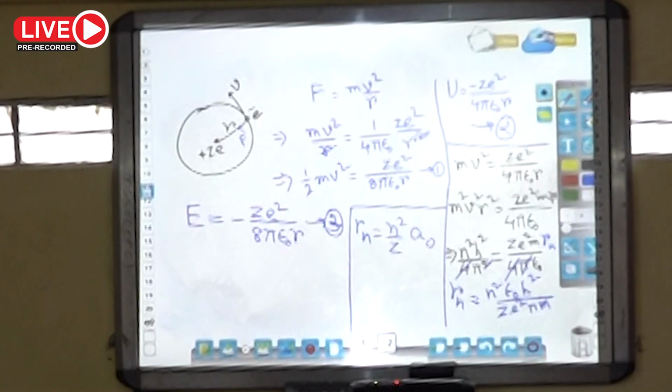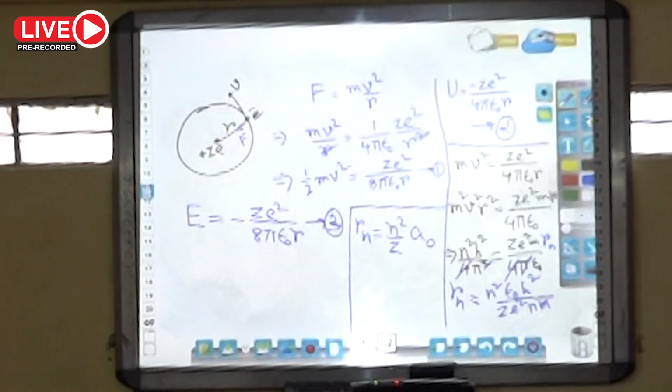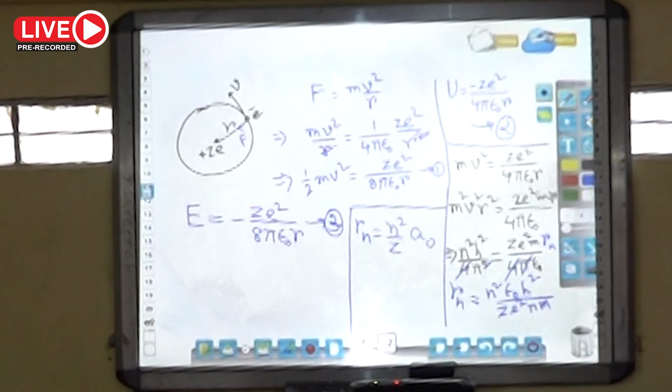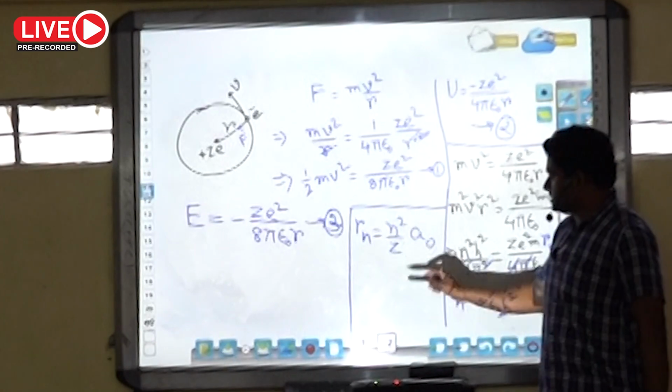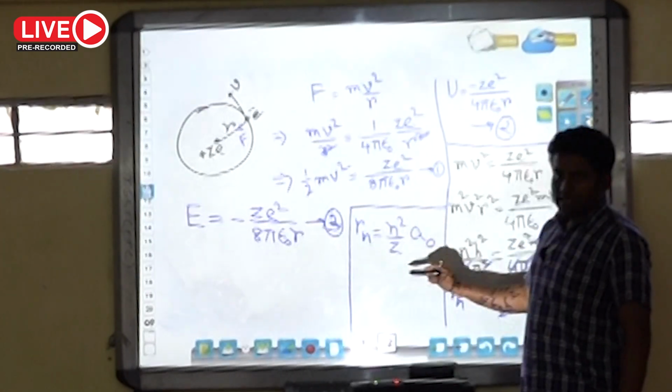But I consider the hydrogen-like atom, that is lithium ion, helium ion, all can be treated with this formula, by putting the value of Z: for helium it is 2, for lithium it is 3. Okay, so this is the format of Rn.